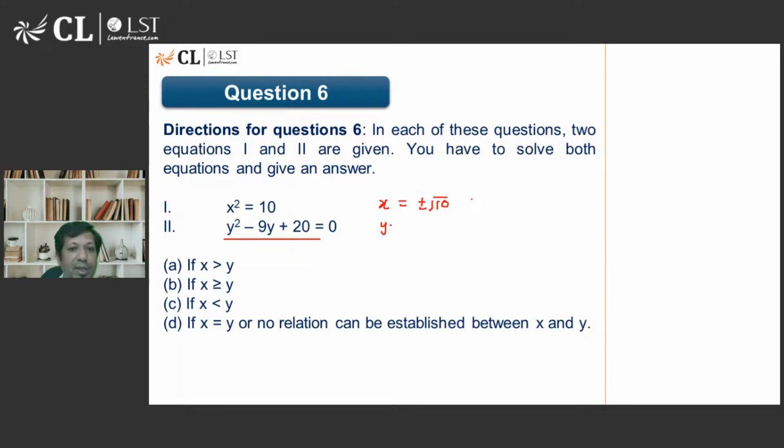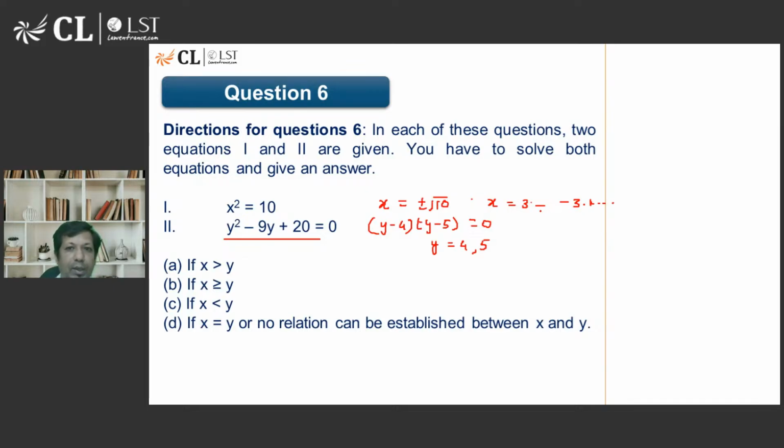So if I factorize, I'm going to get (y minus 4)(y minus 5), and that's equal to 0. So y is either 4 or 5, and x is either 3 point something or minus 3 point something, whatever it is.